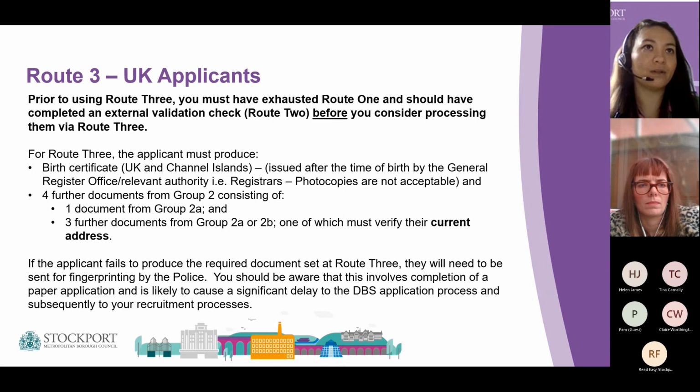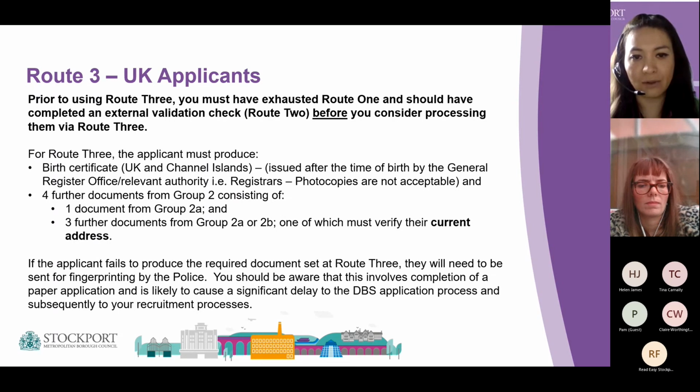So this is why it can be difficult, because not many people can provide an additional document from group 2A. If you remember from group 2A, there's the marriage certificate, the paper driving license, and the birth certificate, but they have to have given the birth certificate as one of the documents. So that only really leaves the marriage certificate or the paper driving license or the license from another country, but most people won't have those documents.